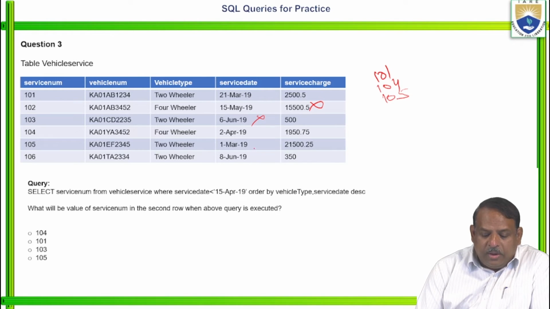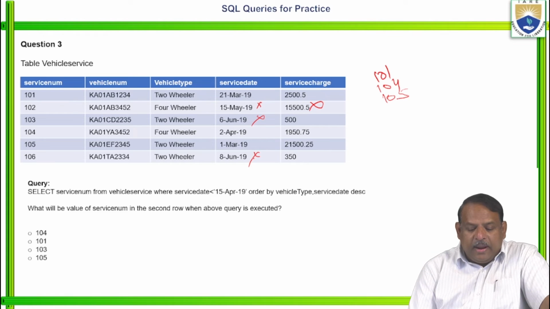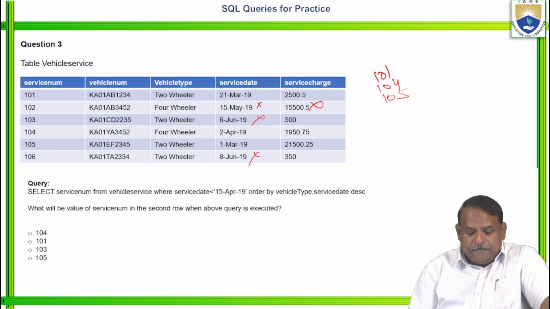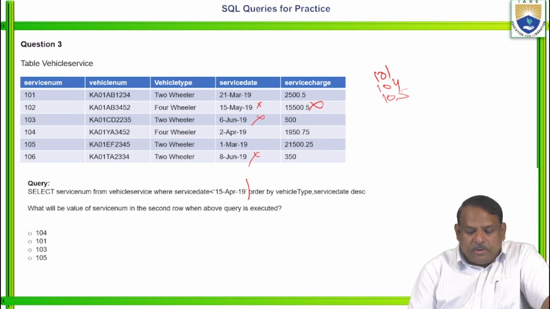So we have reduced some records. 15th May is also removed, 6th June is removed, and 8th June is removed. Now we are left with 101, 104, 105. Only 3 records. This is the result up to the WHERE clause: 101, 104, 105.